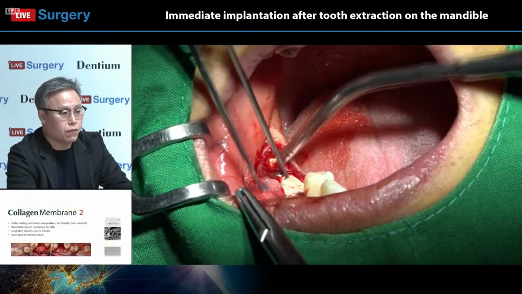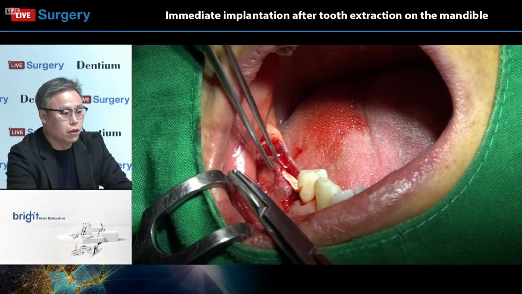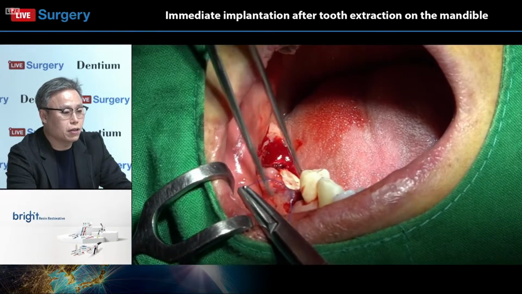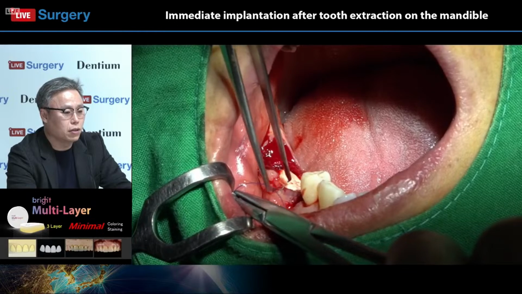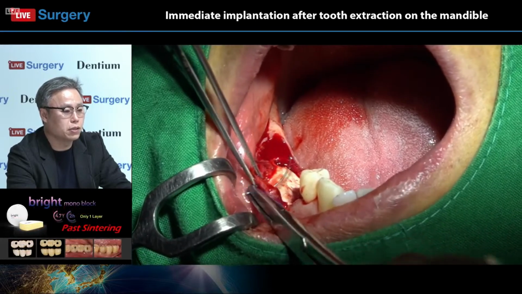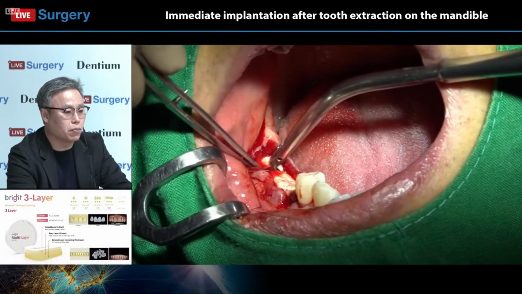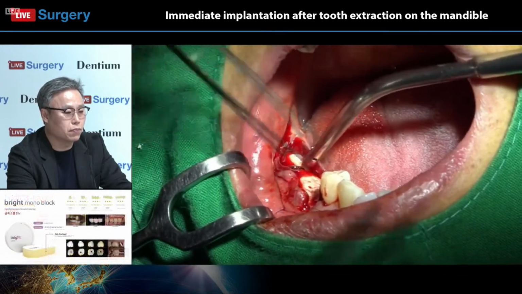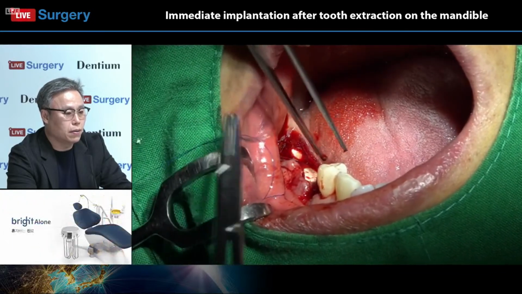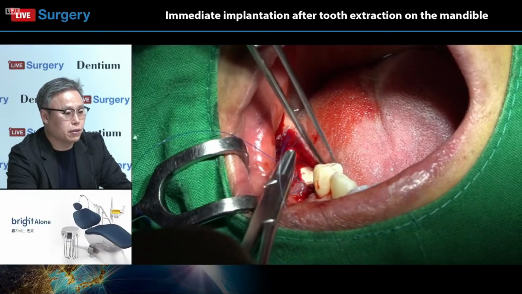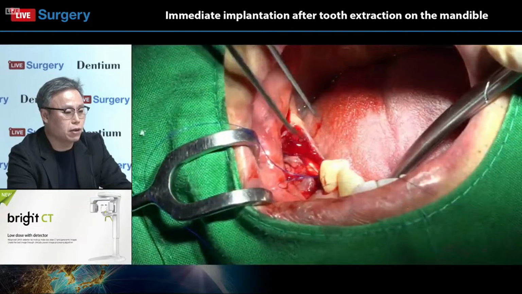Yeah, you can beautifully... He's saying that he doesn't like the stabilizing suture, but his preference, because instead he's using the stabilizing membrane with the healing abutment. I think it's a personal preference. My preference is using the suture for stabilizing the membrane.